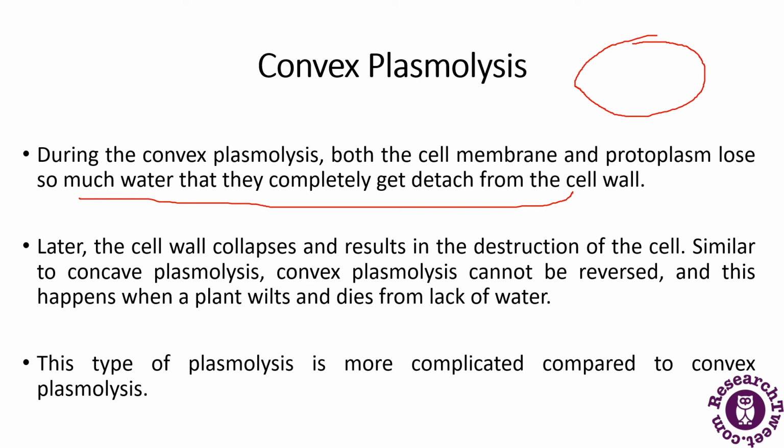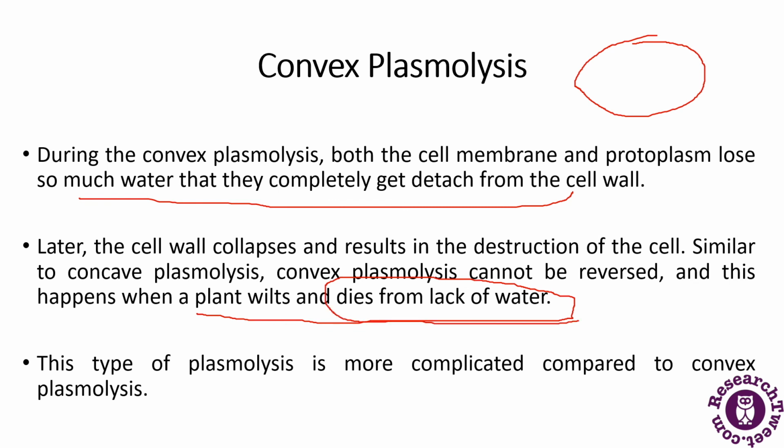Unlike concave plasmolysis, convex plasmolysis cannot be reversed. Concave plasmolysis was a reversible process, but this process cannot be reversed because there is a complete detachment from the cell wall. This happens when a plant wilts and dies from the lack of water.